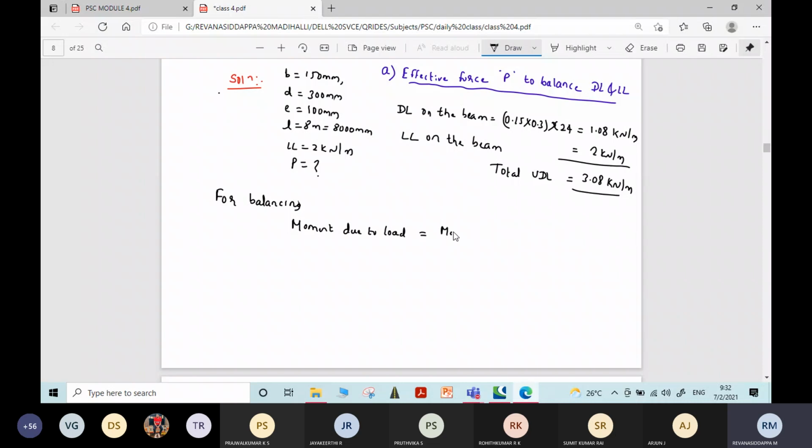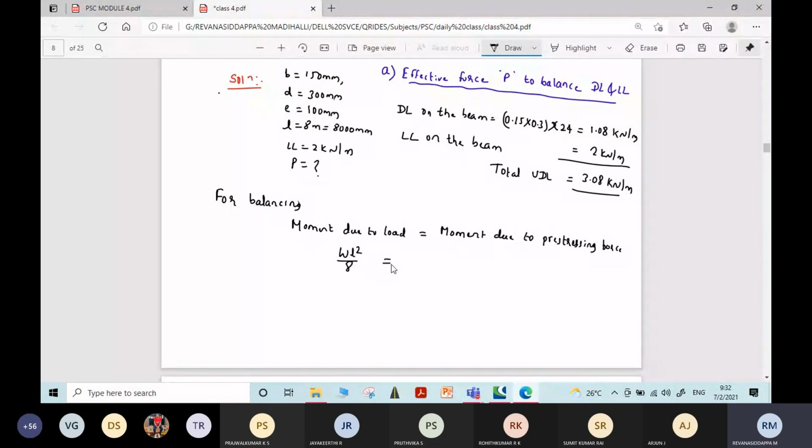That is, moment due to load equals moment due to pre-stressing force. So what is the moment due to load? It is a simply supported beam acted upon by a force of 3.08 kilonewton per meter. It will be WL square by 8. Okay, moment due to load.